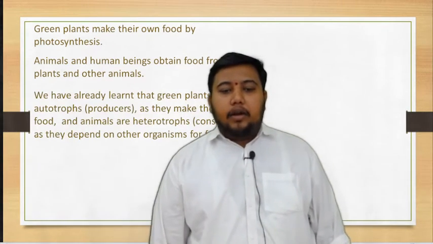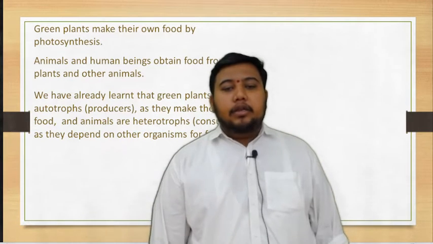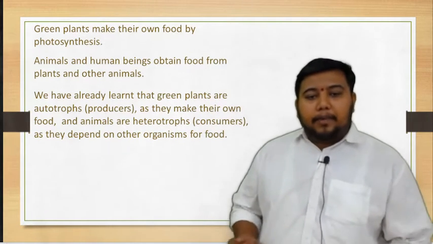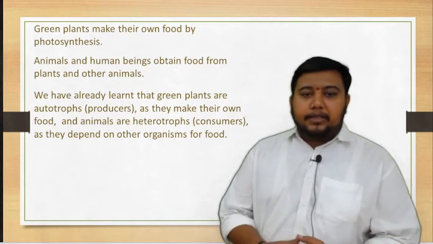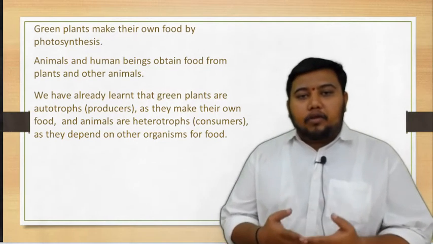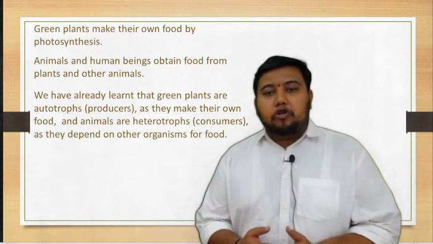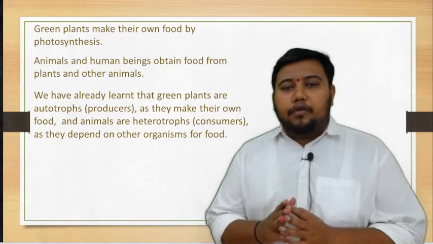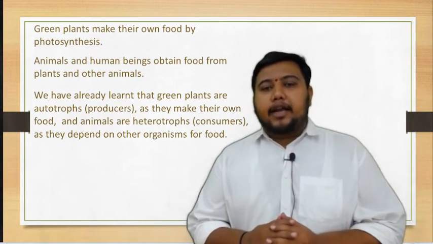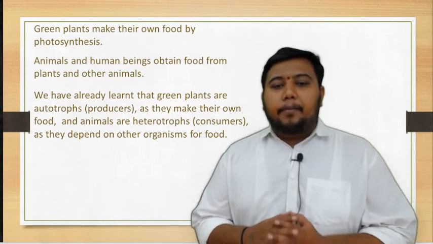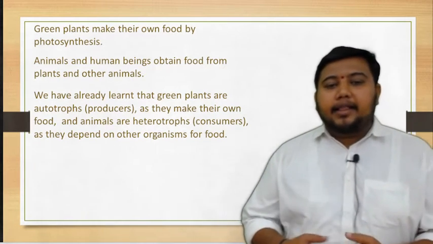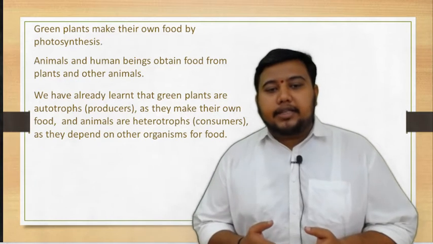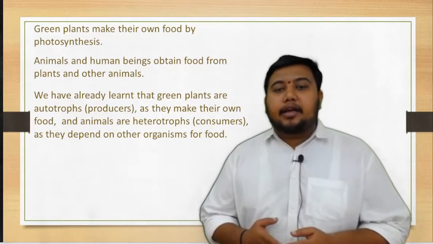We have already learned that all plants are autotrophs, meaning they can make their own food, so they are producers. Autotrophs means living organisms which can make their own food by themselves. They are also called producers, as they make their own food by the photosynthesis process. And animals are heterotrophs.